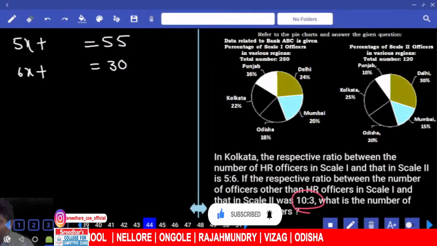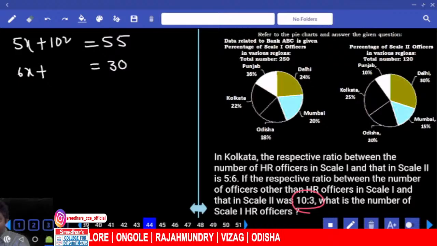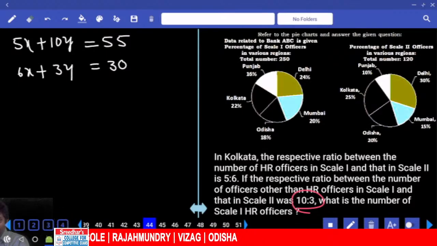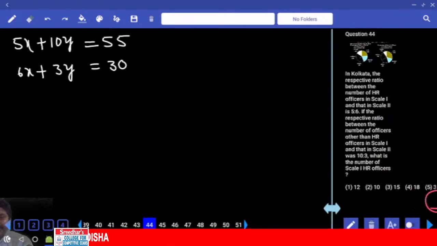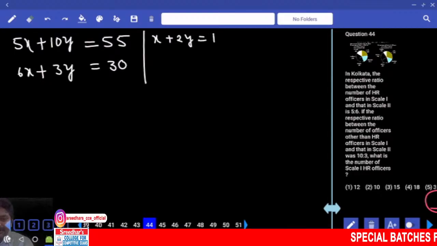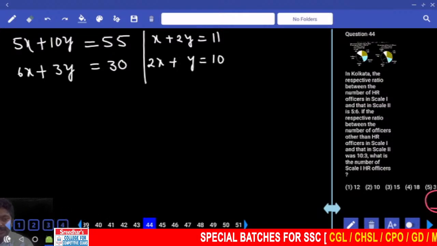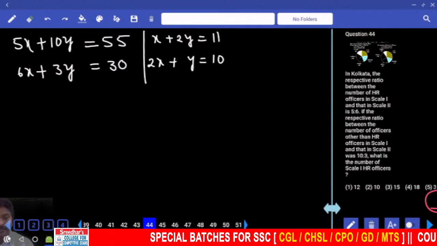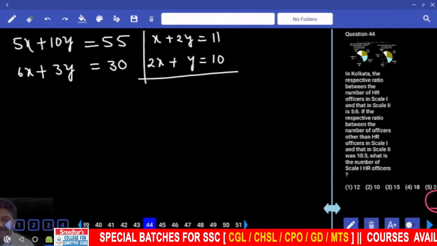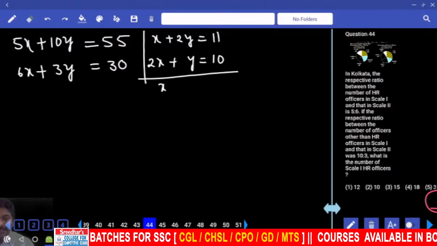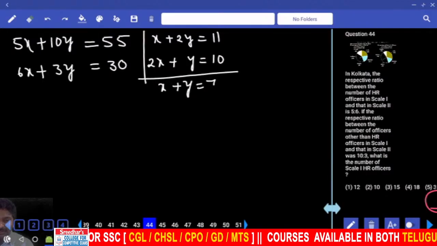Altogether another ratio, so it is 10y and 3y. Got it? Now, from this, can I write x plus 2y is equal to 11? 2x plus y is equal to 10. When you add both, 3x plus 3y is 21. x plus y is equal to 7.